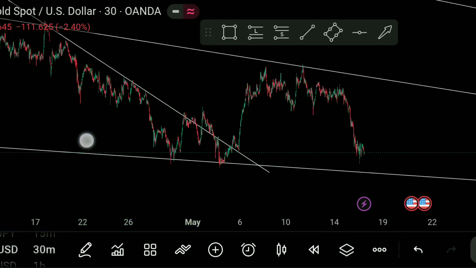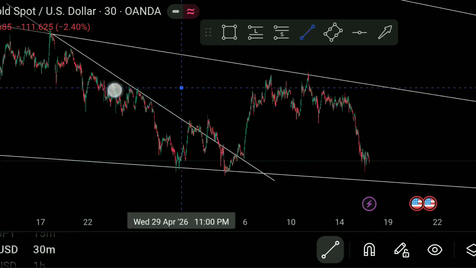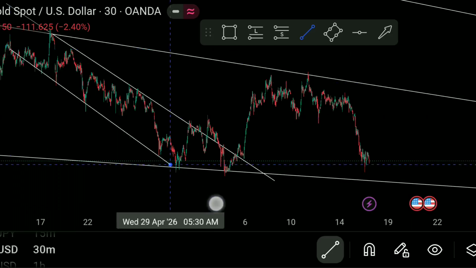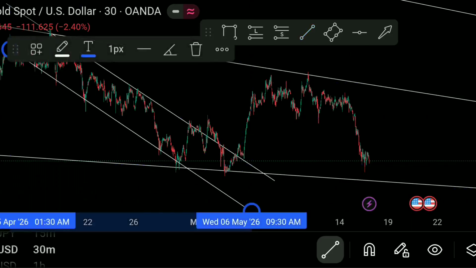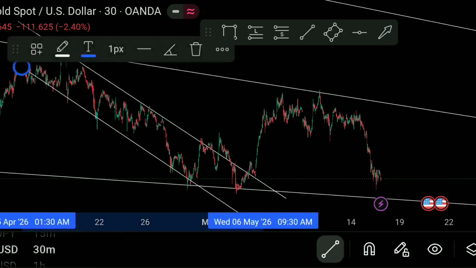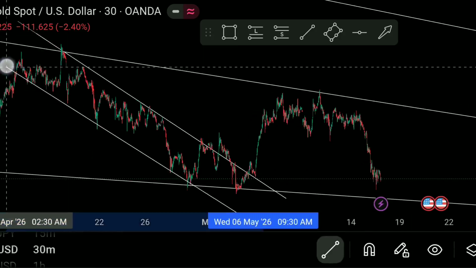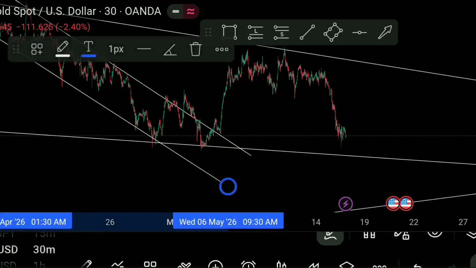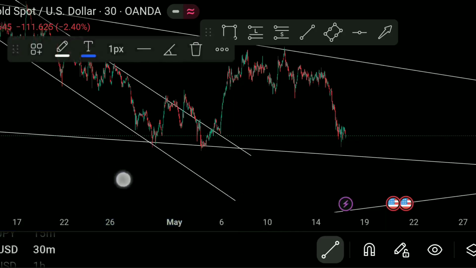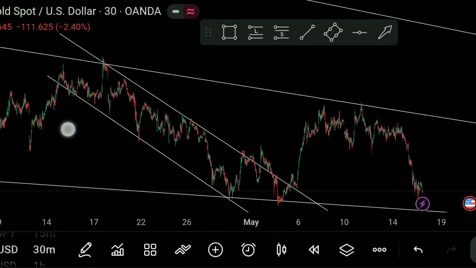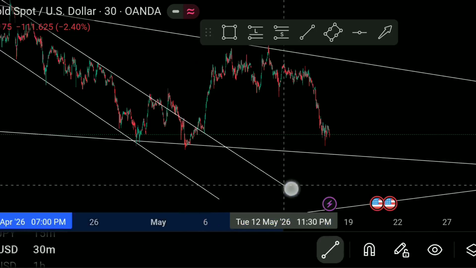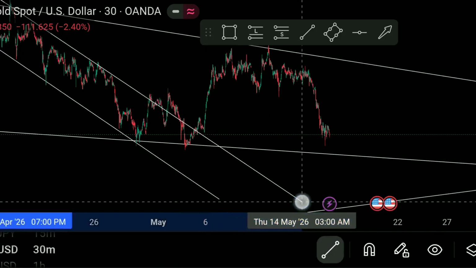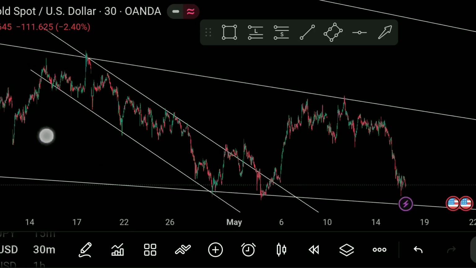Now you can see that earlier gold was a downtrend. Touch this tip. Then touch this tip. All right. So you can see that gold was a downtrend here. Let me drag this thing more.